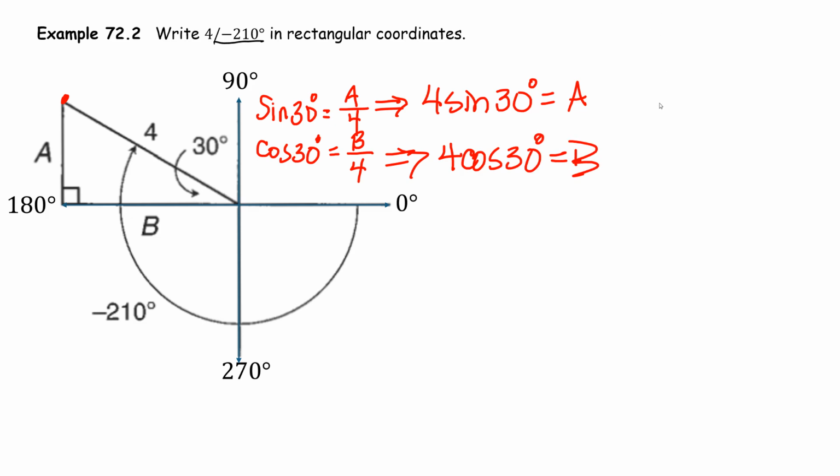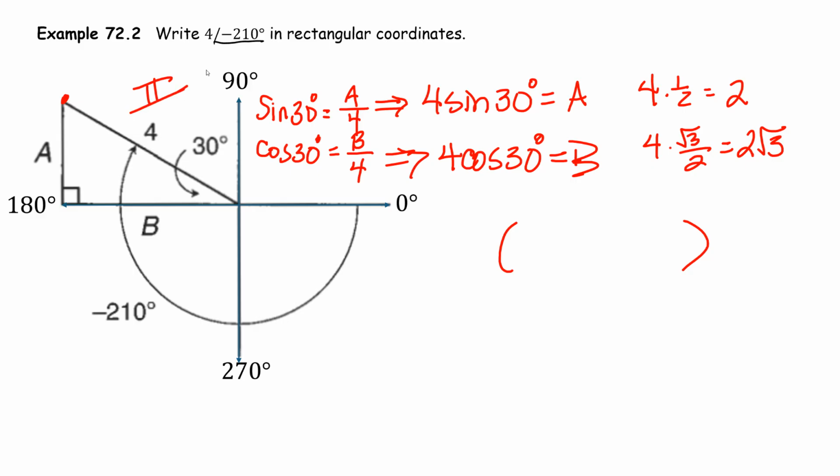And if you remember your 30, 60, 90 triangle, that's going to tell you that A is 4 times 1/2, which is 2, and B is 4 times the square root of 3 over 2, which is just going to be 2 times the square root of 3. And now you need to write your rectangular coordinates. We're in the second quadrant here.